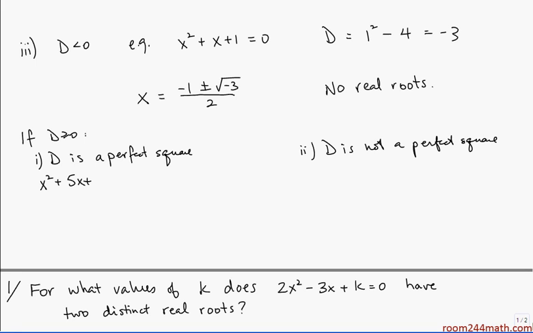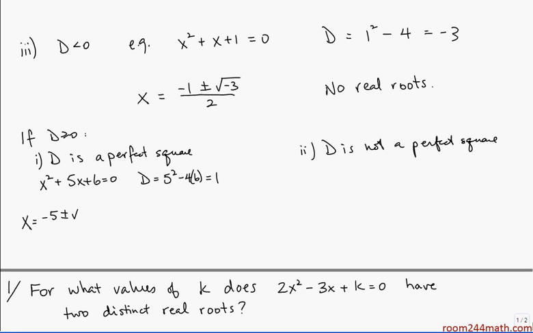X squared plus 5x plus 6 equal to 0 leaves you with a discriminant of 5 squared minus 4 times 6, so that's 25 minus 24, which is 1, which is indeed a perfect square. And looking at that trinomial, x squared plus 5x plus 6, you know that you can factor it: x plus 2, x plus 3, so you get the roots negative 3 and negative 2. And you'll get the same thing if you use the quadratic formula.